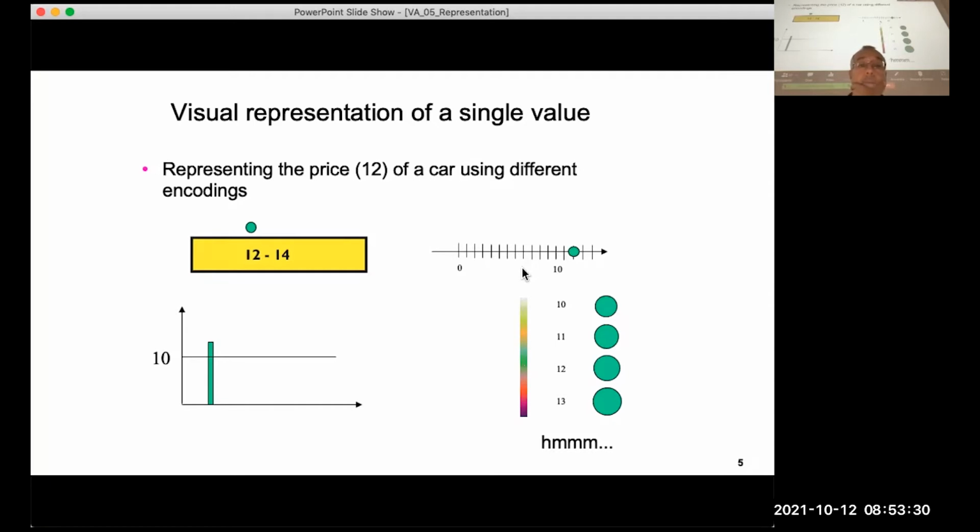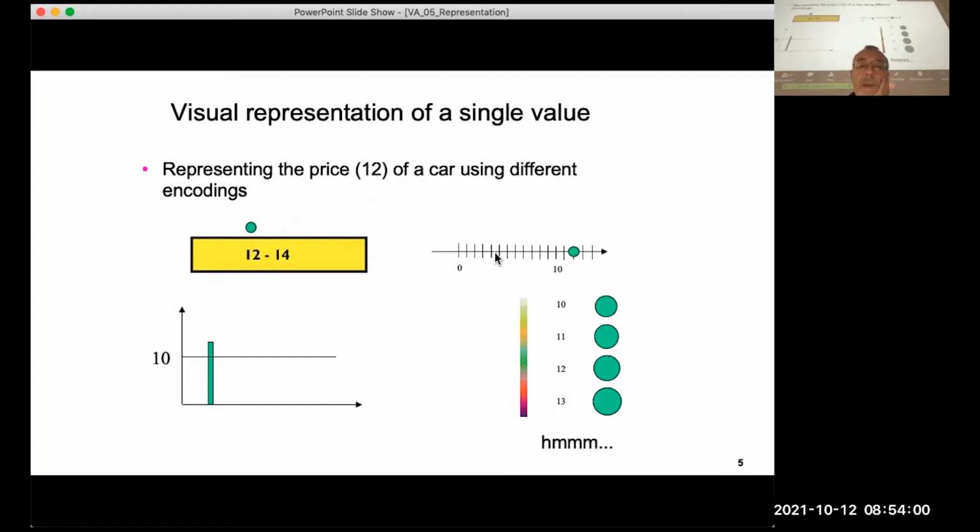Single value. Assume that you want to represent a single value, the price of a car. We can use the position of a dot along a bar graph. And its position is resembling, if this is the interval between 12 and 14, objects closer to the left are in this range of values, objects closer to the right are in the range of 14.